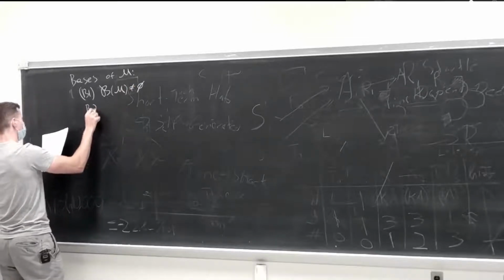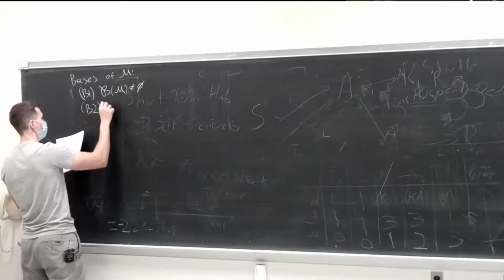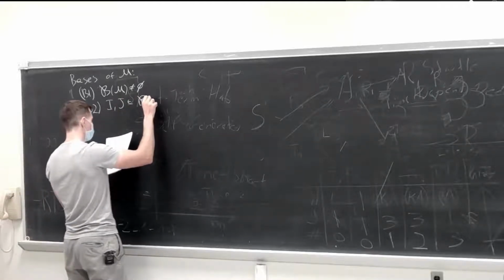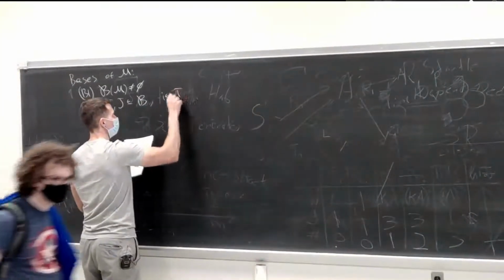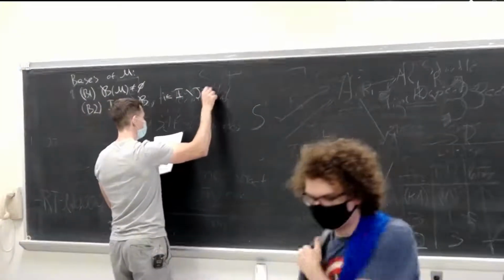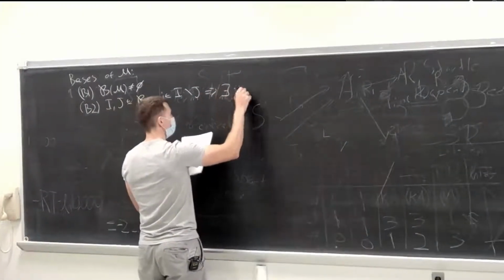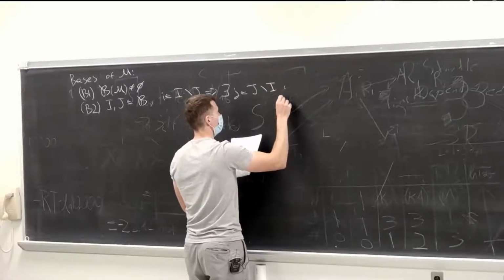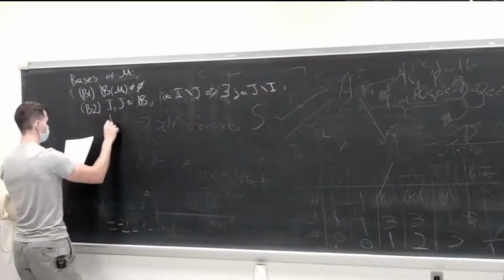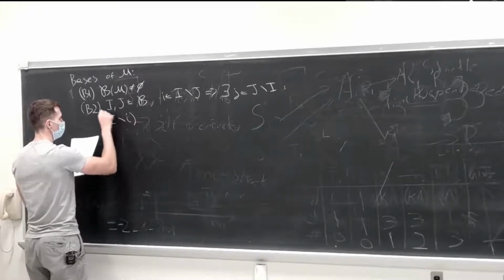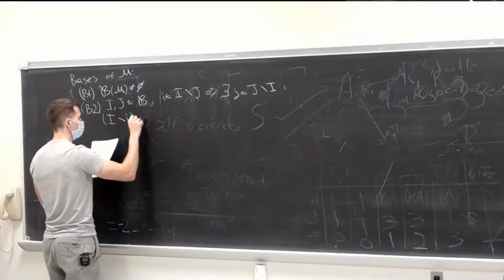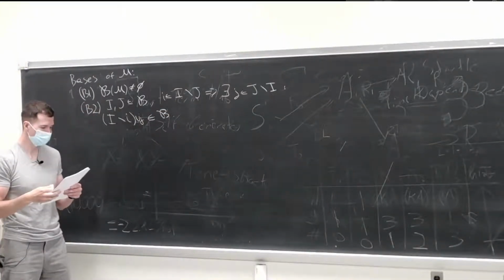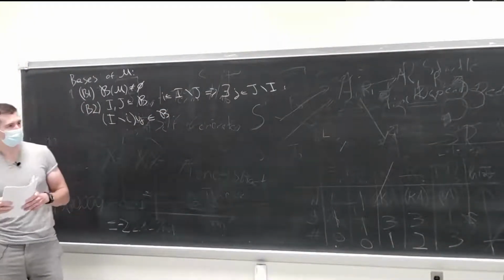And the second axiom is the exchange axiom, which is that if I and J are two bases and i is any element in one but not the other, then you can find an element j in J which is not in I, such that if you remove i or replace it with j, you get another basis. That's the exchange axiom.